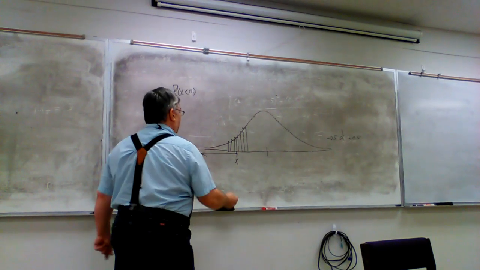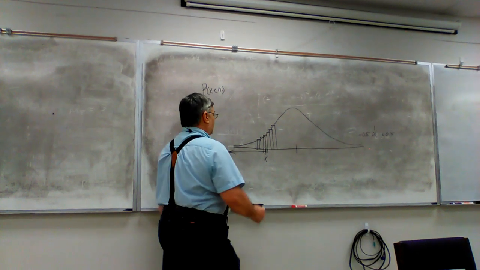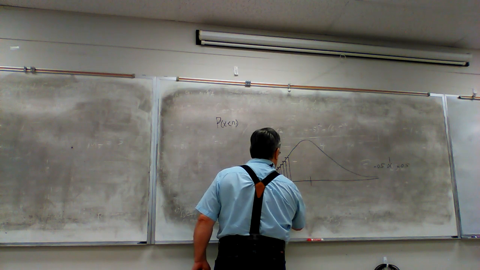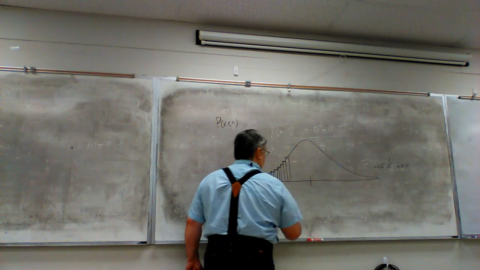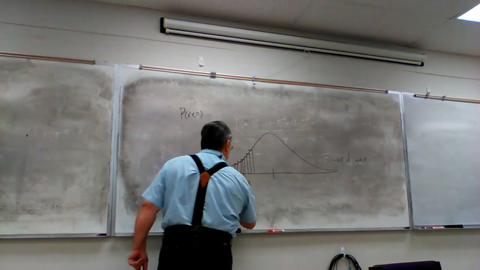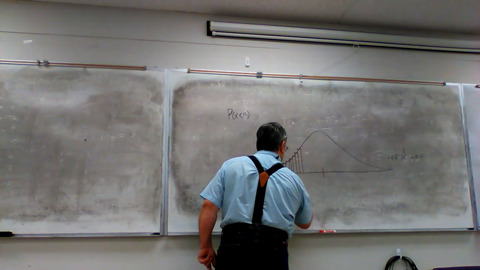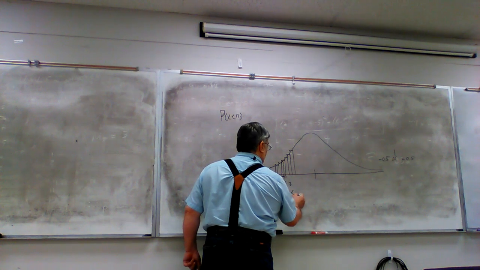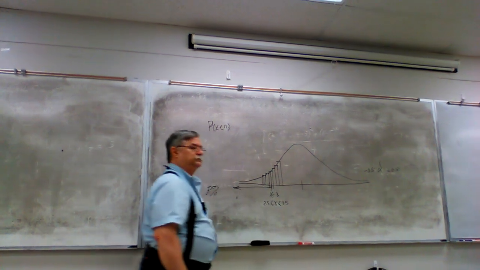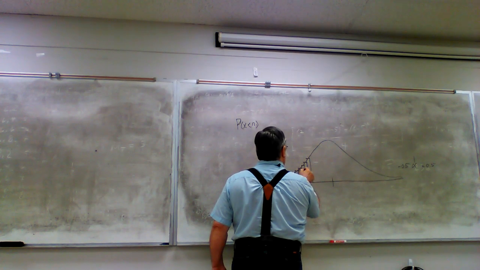Okay, well here you have boundaries. So instead of x equals, I'm going to just use a number 3. You have 3 minus 0.5, and 3 plus 0.5. And that becomes your boundaries for this.